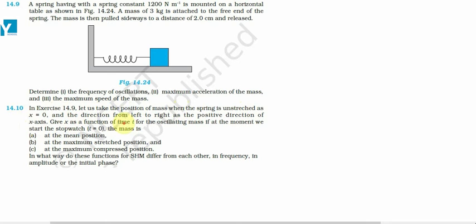Give x as a function of time t for the oscillating mass if at the moment we start the stopwatch at t equal to 0, the mass is: part A, at mean position; part B, at the maximum stressed position; and part C, at the maximum compressed position. In what way do these functions for SHM differ from each other in frequency, in amplitude, or the initial phase?